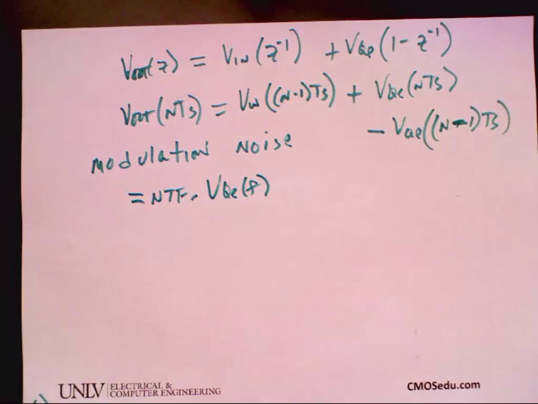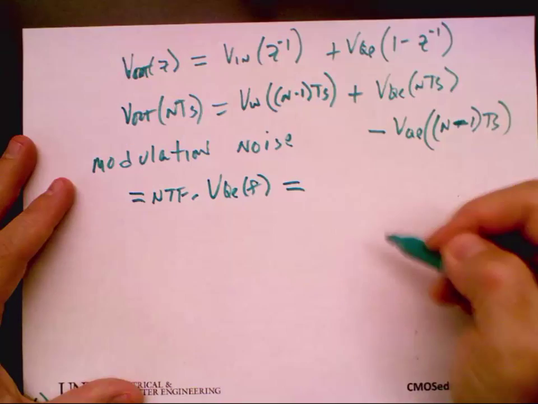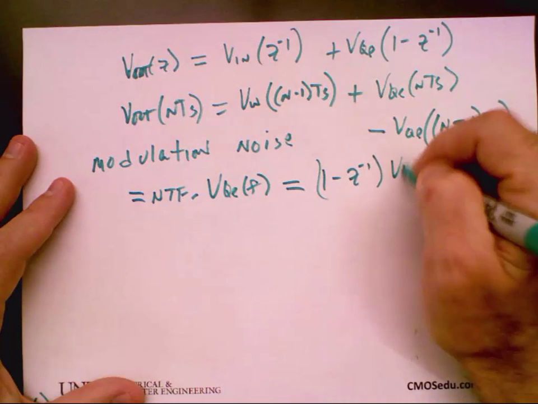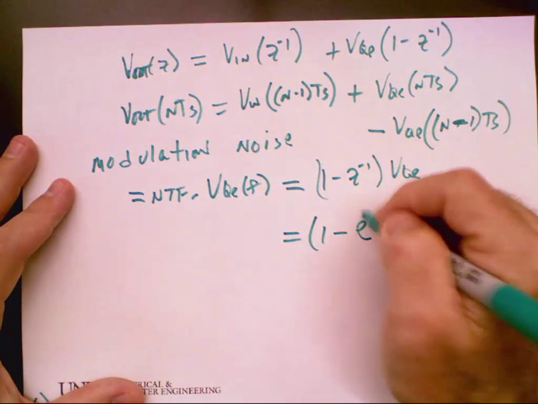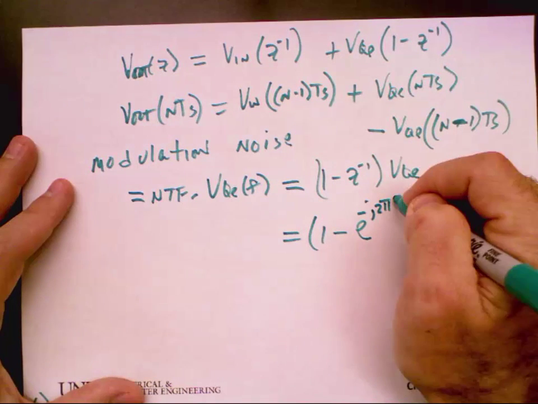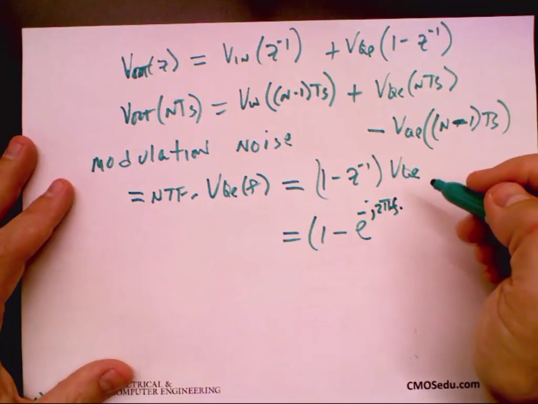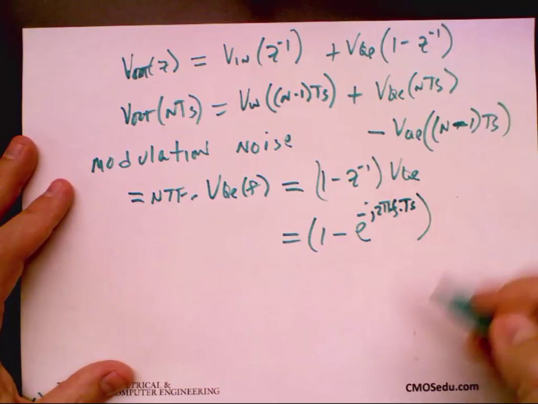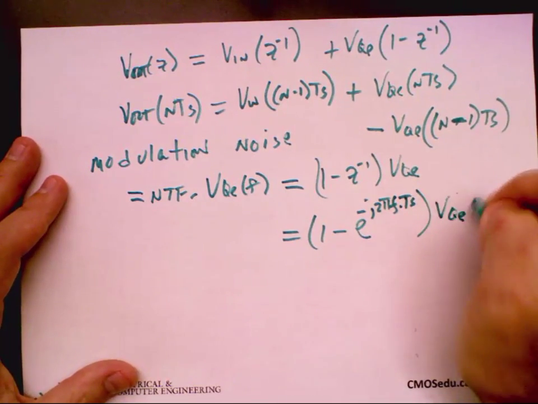And the noise transfer function for this first order modulator is, let's do it in 2 different steps: 1 minus Z to the minus 1 times VQE, but we'll write it as 1 minus e to the minus j 2 pi f times Ts, or divided by Fs, times VQE of f.